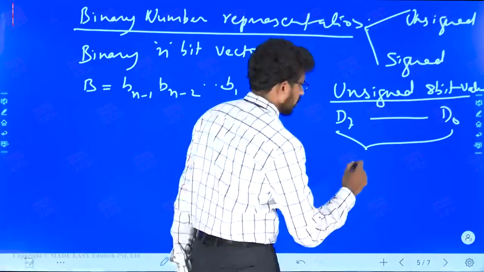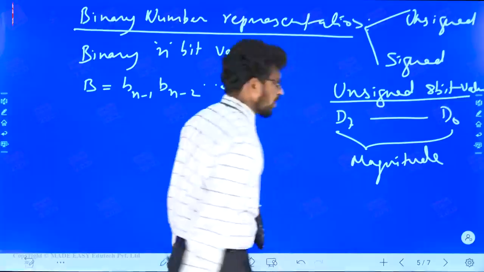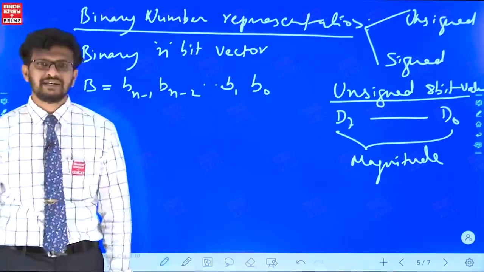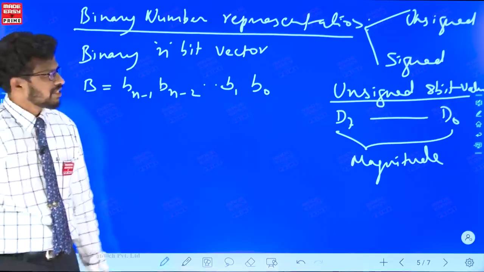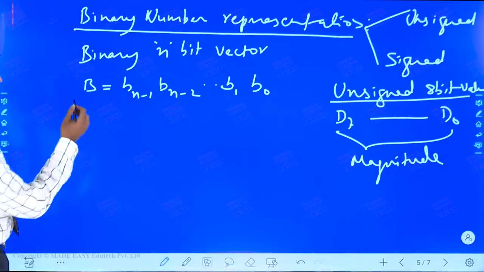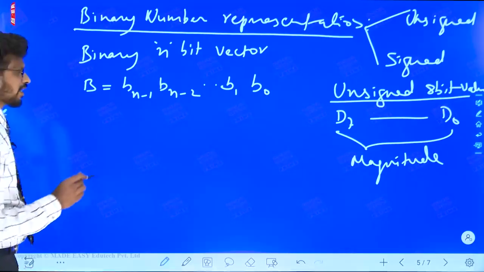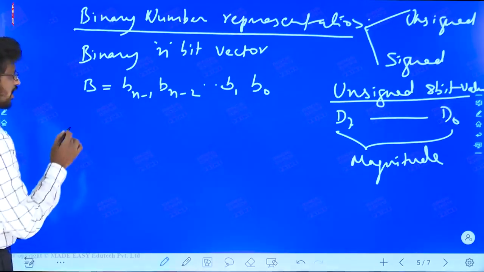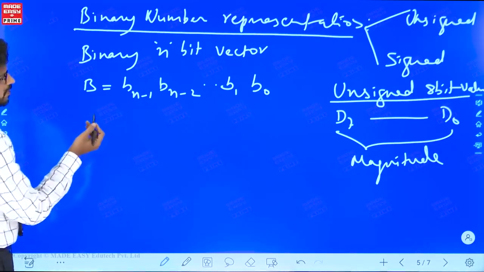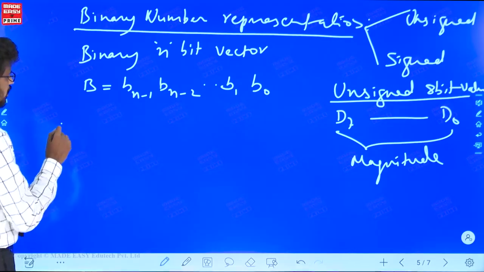All this data represents magnitude only. There is no question of any sign to be verified. All it is magnitude only. It means this value can be represented as some integer value.